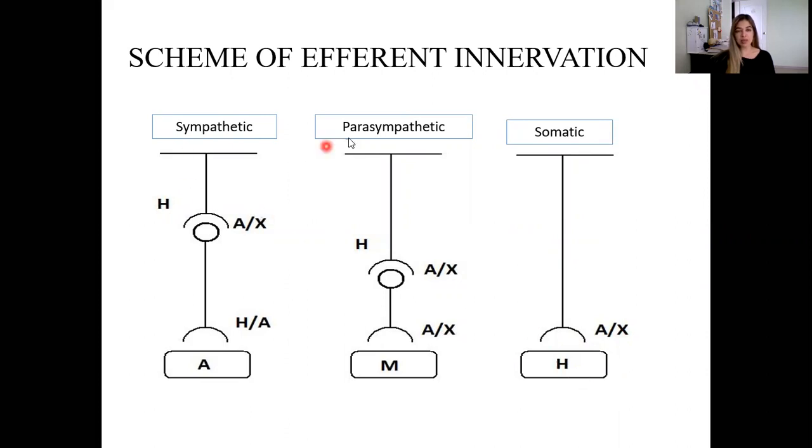So the sympathetic and parasympathetic systems are a little bit more complicated, as they have two neurons, a preganglion neuron and a postganglion neuron. Here also a preganglion neuron and then a postganglion neuron.